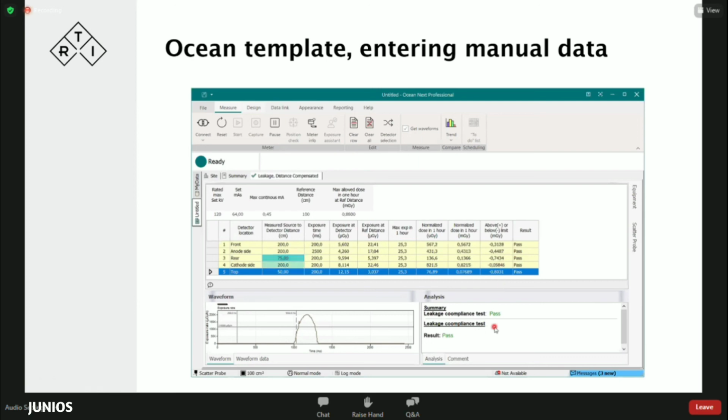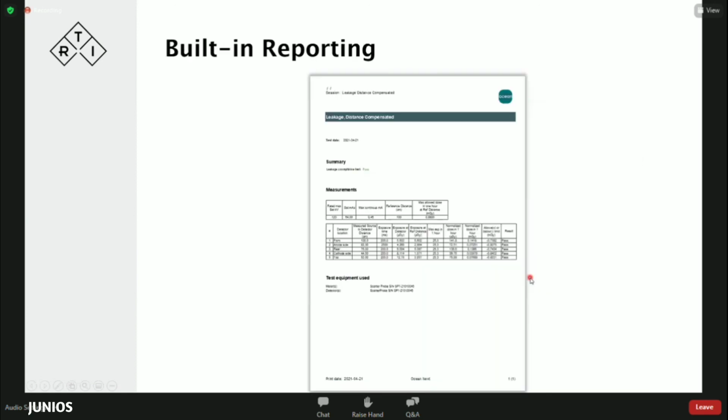So we have the analysis displayed here. The leakage compliance test is passed, and the result is passed. There's a possibility right away of converting these values and analysis into a report, and this is just a quick glimpse of what can be done.